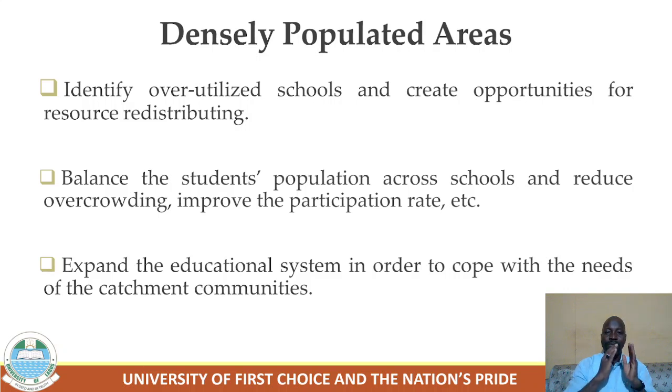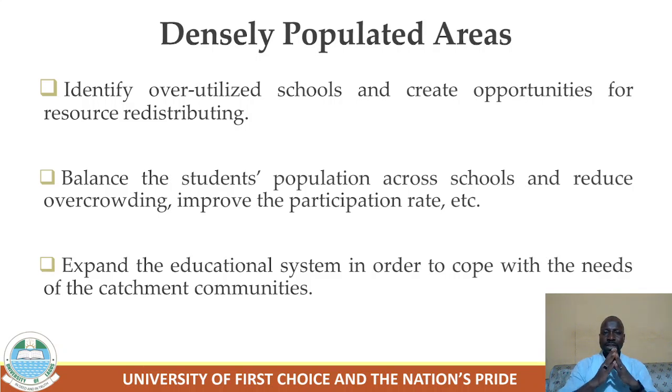So we can use school mapping exercise to identify overutilized schools, both in terms of teacher staffing and educational resources. And once we are able to identify overutilized schools, we can create opportunities for resource redistribution. This is where the issue of resource rationalization comes in.